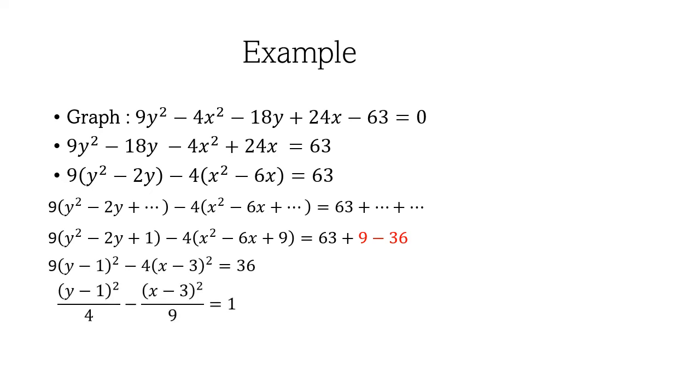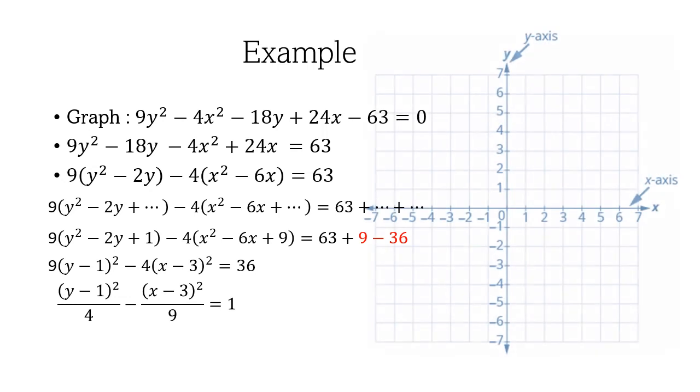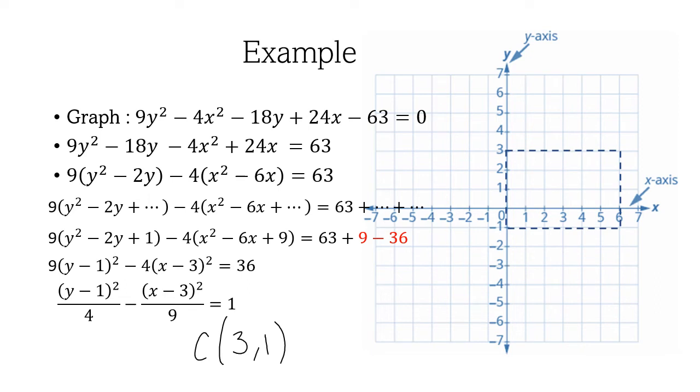After simplification, we got the equation of the hyperbola. Notice the hyperbola has a center of 3, 1. And we draw a rectangle 2 units above and below that center and 3 units to the right and to the left of that center.